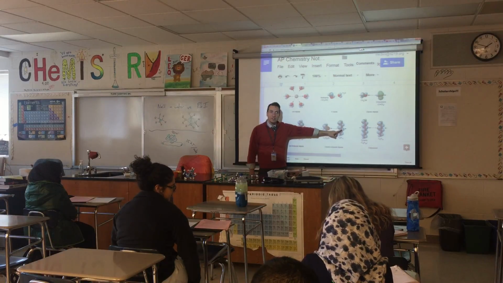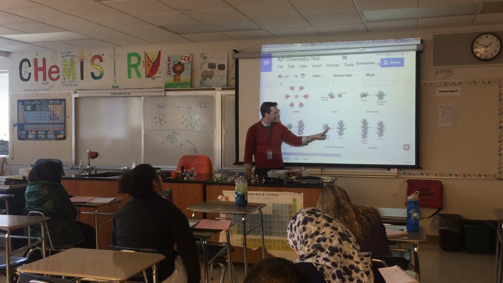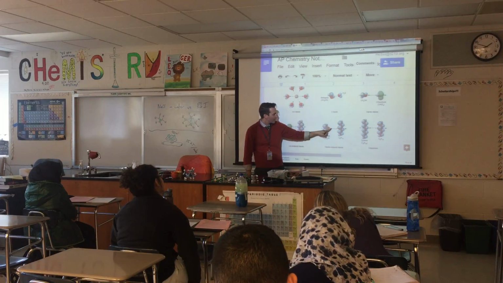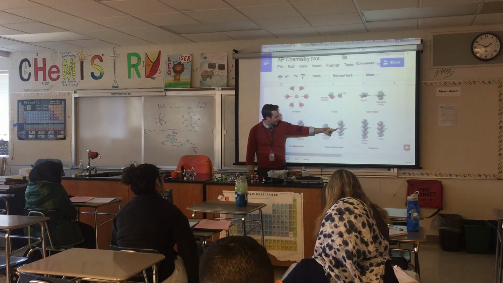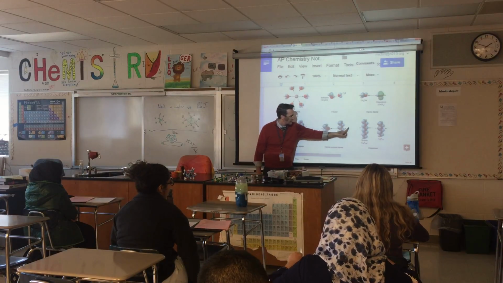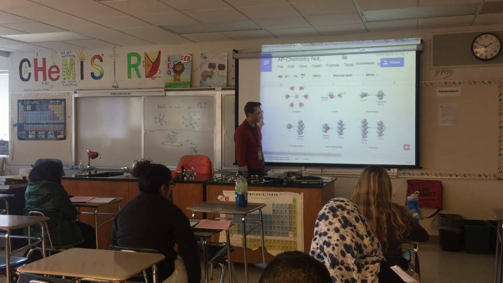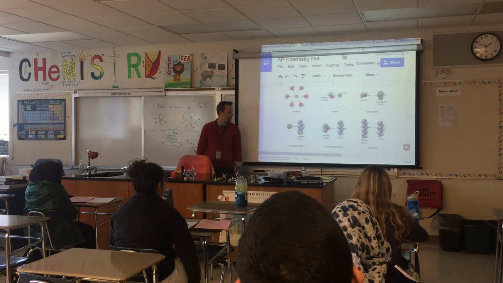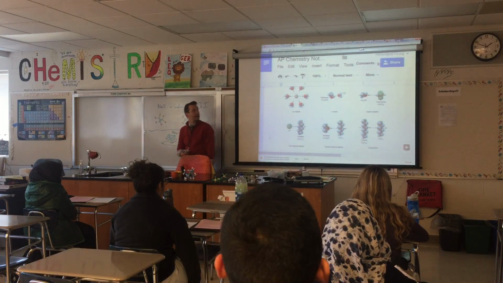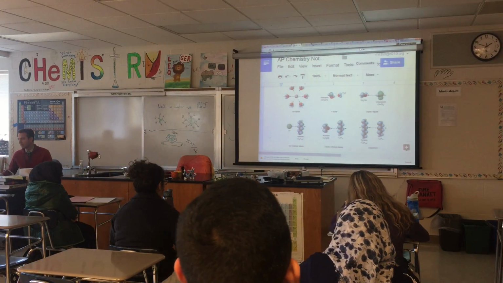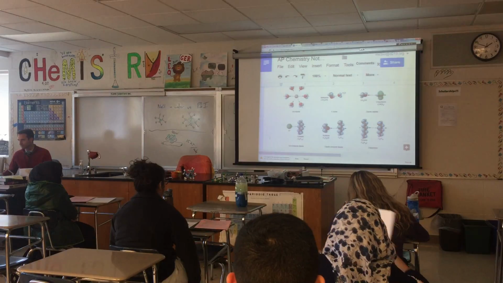Here's a dipole-induced dipole. This molecule always has a negative end over by the oxygen here. When it comes close to this hexane molecule, it induces a little positive right here and a little negative over there. Okay? Here's an ion-induced dipole, and on the bottom right, a dispersion, an induced dipole in both of those.